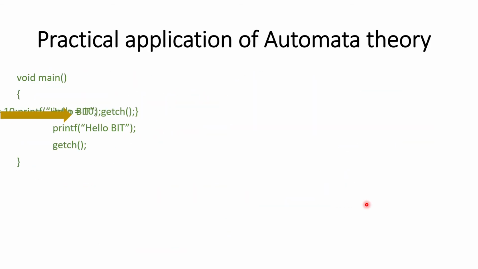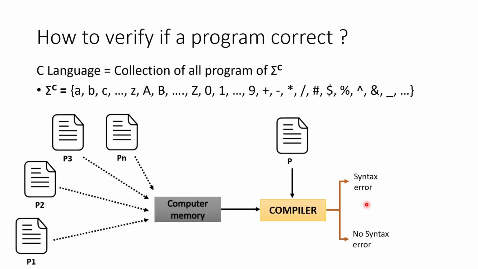The same situation arises here. So basically the P1, P2, P3, Pn that I've shown, the value of n is infinite. That means you have an infinite number of programs, and even if, for the sake of argument, I want to store that infinite number of programs, I will not be able to. The reason is that computer memory is finite.